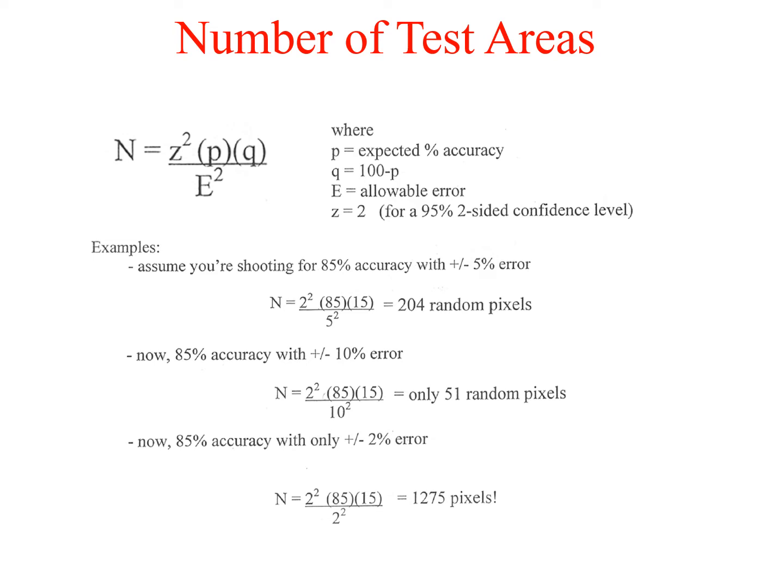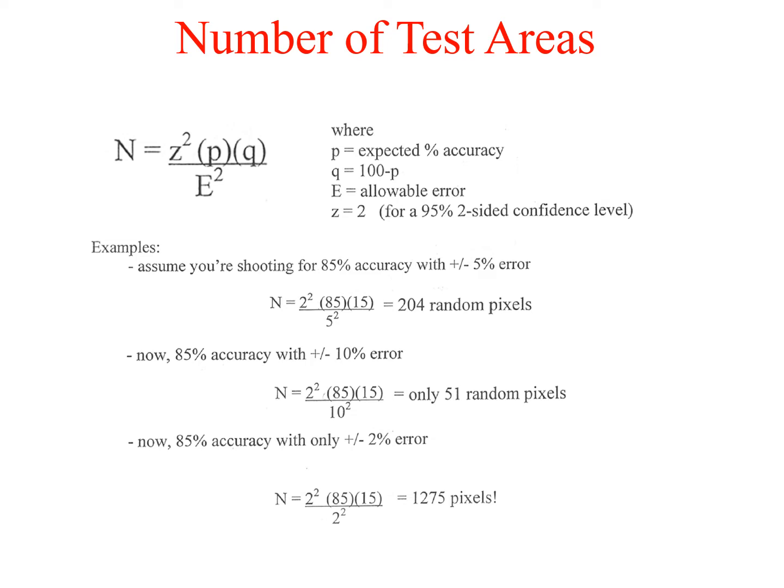So we're going to use a two-sided confidence level of 95% error times the expected accuracy times 100 minus the expected accuracy divided by e squared, the allowable error. So if that error is 5%, then that value is 25.